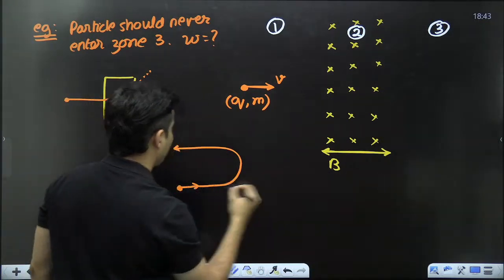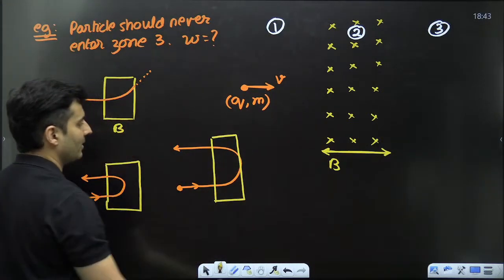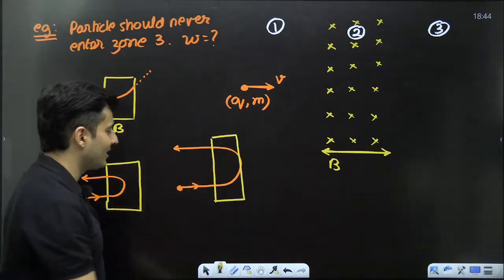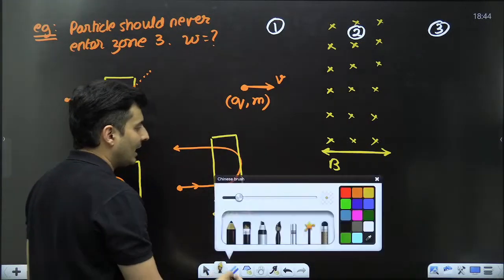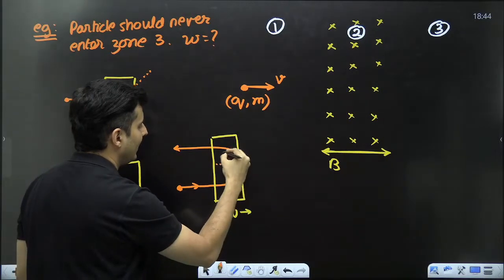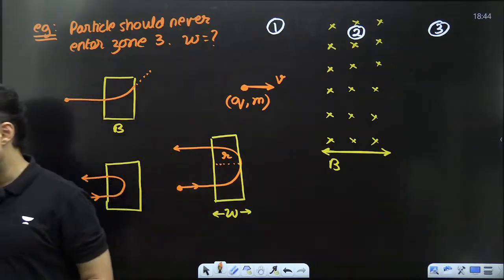Exactly. So it enters over here and it ends over here, right? So it just grazes through this. So this will be that width. And can you guess what this distance is? None other than the radius of the orbit, the radius of that semicircular path.